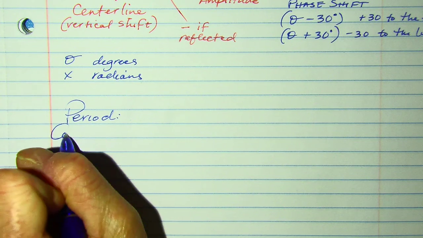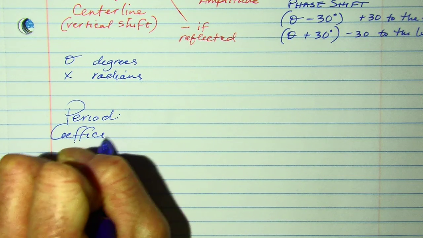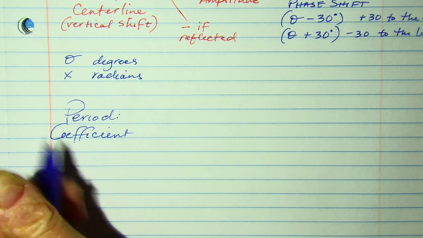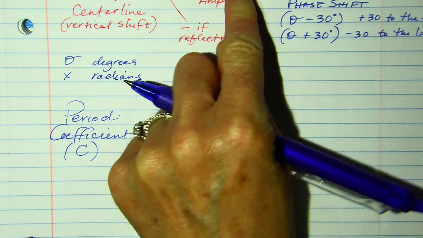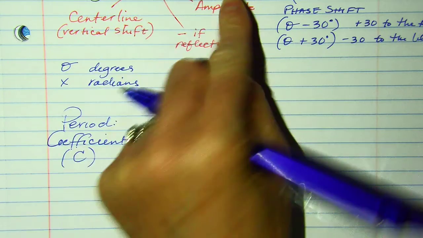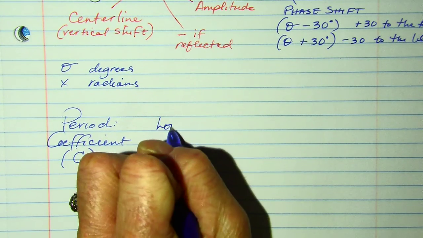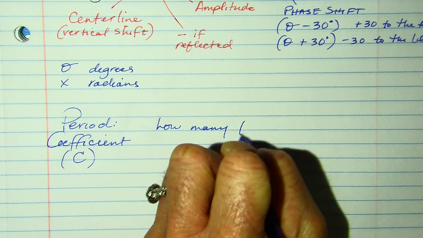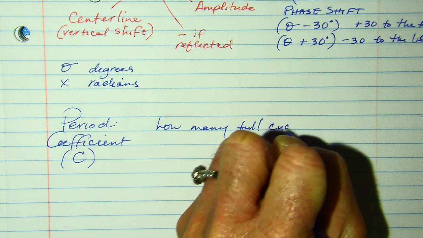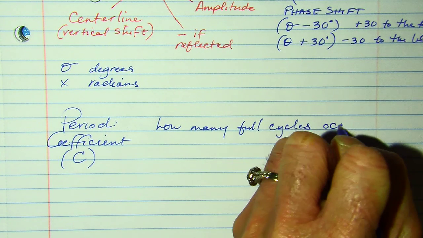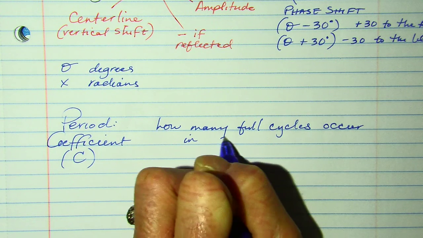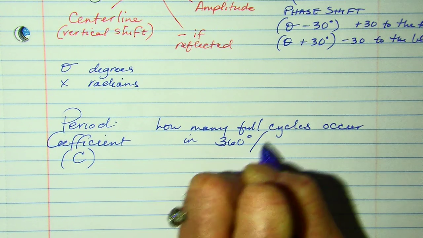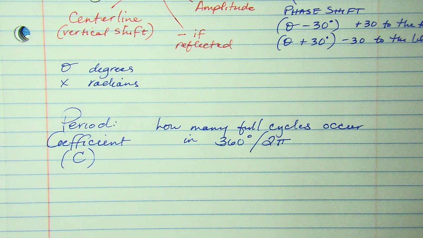The period coefficient in your equation, which is the coefficient of c in general form, should represent how many full cycles occur in 360 degrees, or if it was in radians, that would be 2 pi.